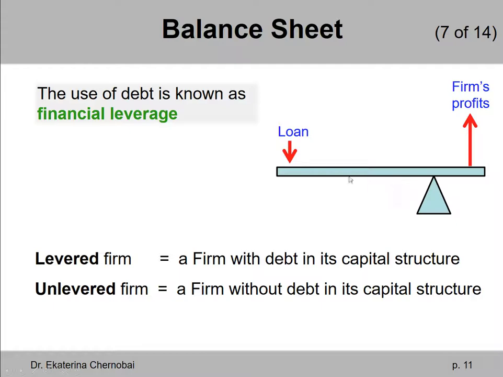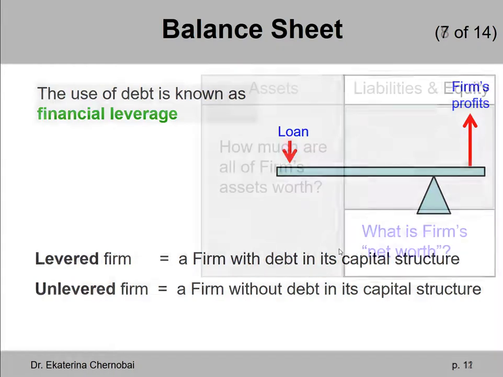It's coming from physics, and this is actually beyond the scope of this class, just to explain. But it turns out that a firm can borrow just a little bit to see a huge increase in profits. So this is where the word leverage is coming from, but all you need to know from this slide is the word leverage refers to using debt.